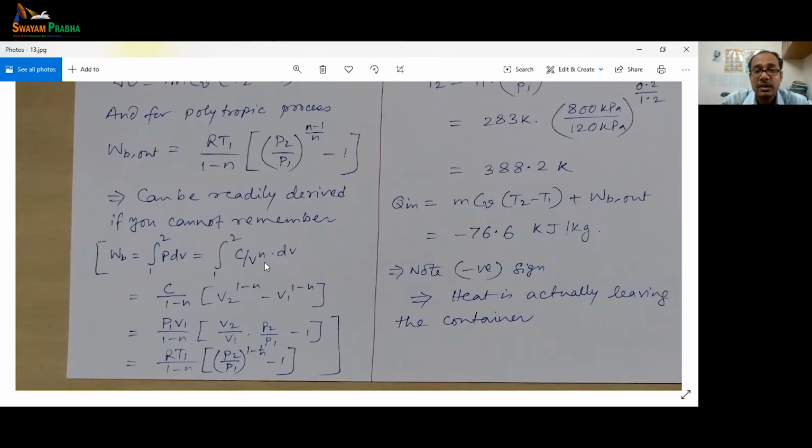PV to the power n equal to constant C, so C divided by V to the power n is P. Now you have to do this integration, and also C is nothing but PV to the power n. By putting all these things, you can very quickly, in less than a minute, derive this formula. So don't worry whether you remember it or not.